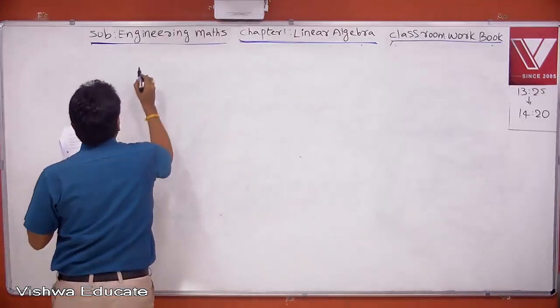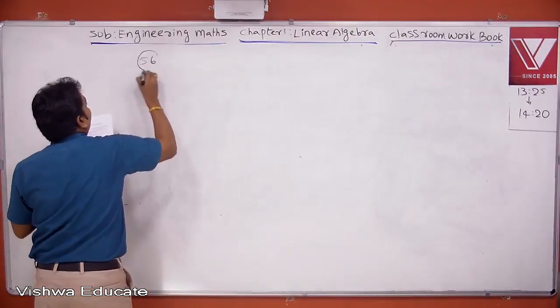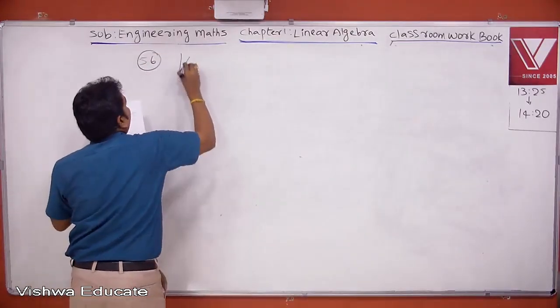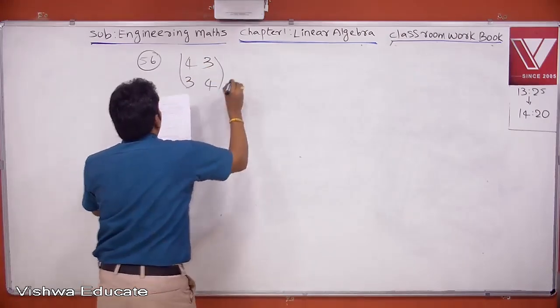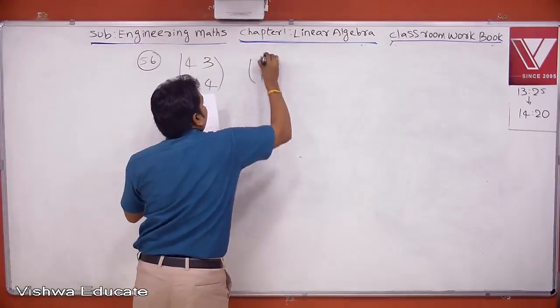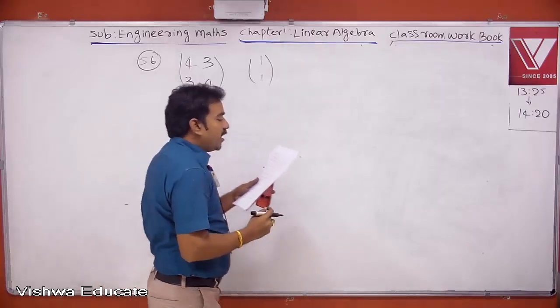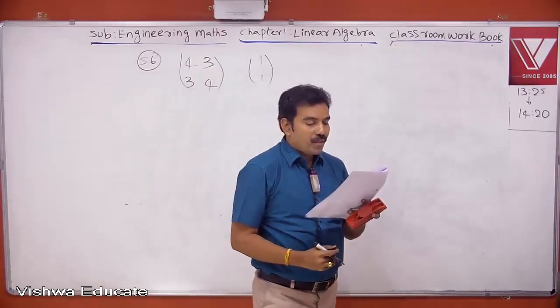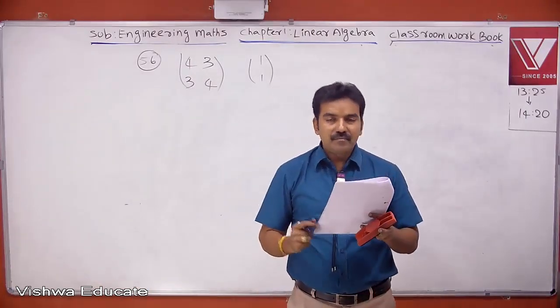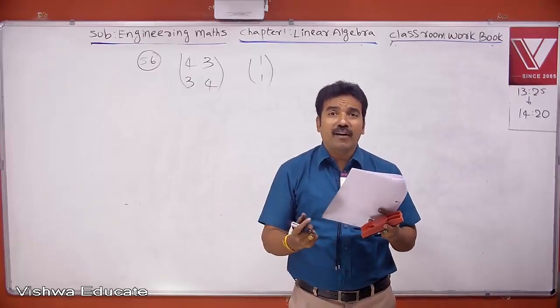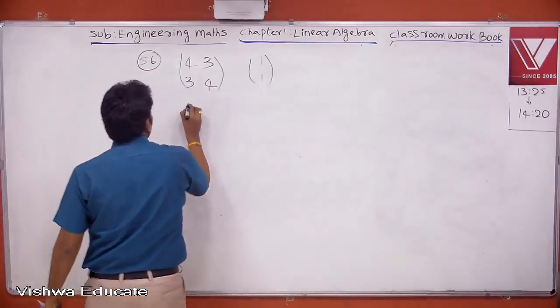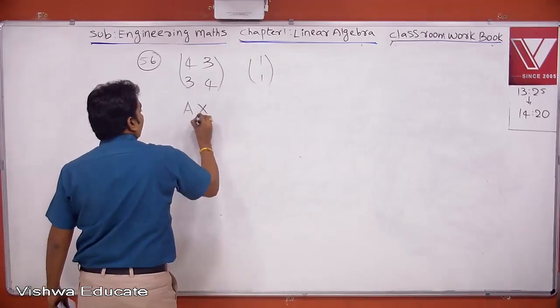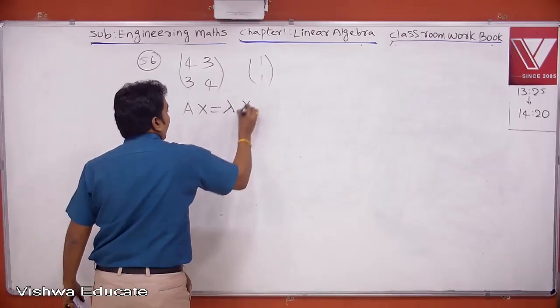What is question number 56? For the matrix 4, 3, 3, 4, if 1, 1 is an eigenvector, then the corresponding eigenvalue is? The matrix is given, the eigenvector is given, and you need to find lambda. Just apply the definition of eigenvector: A x equals lambda x.